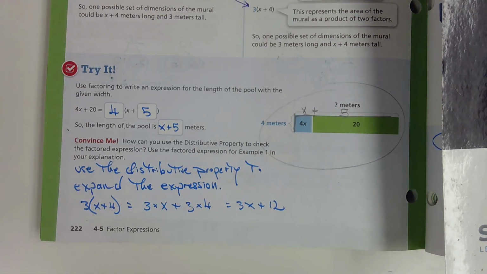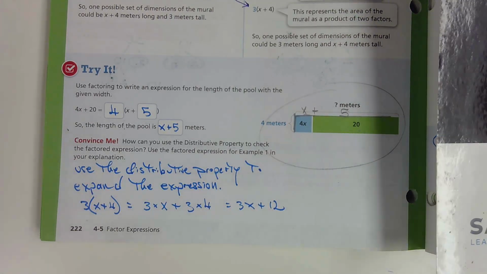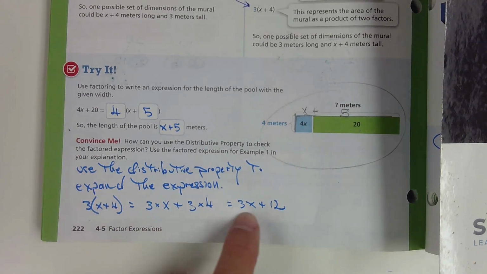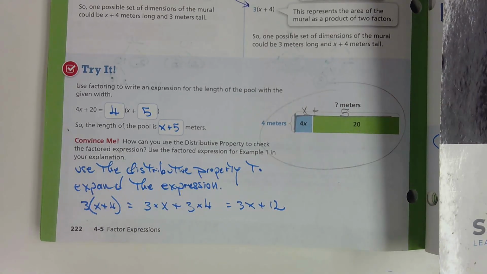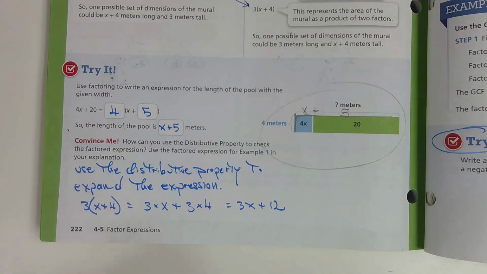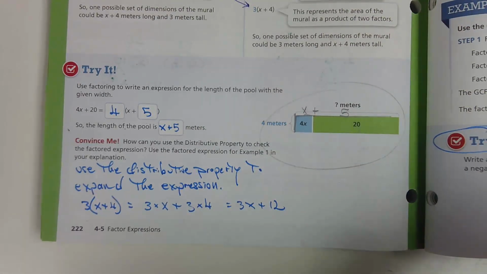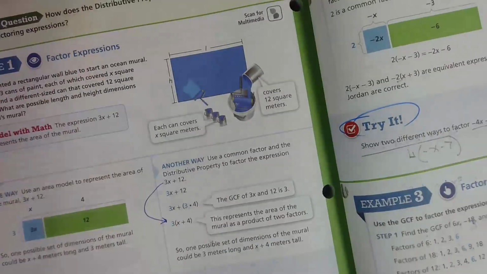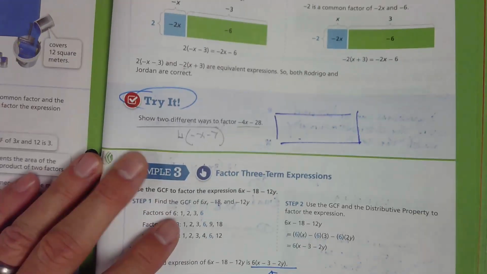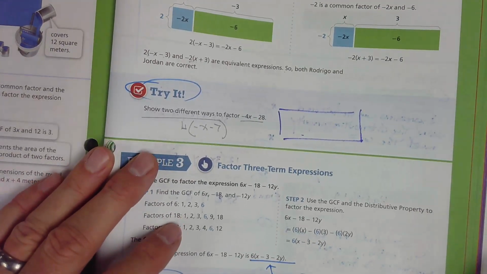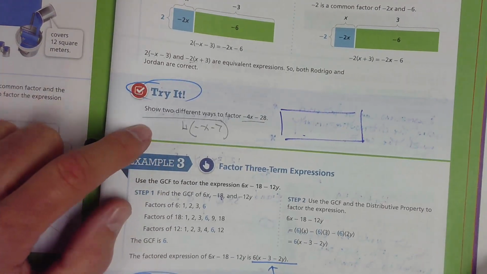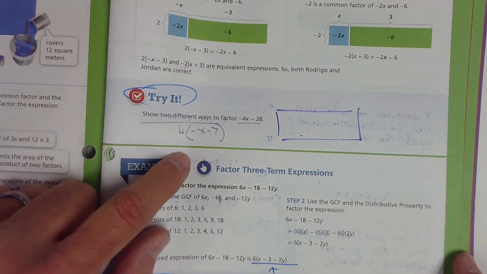Down at the bottom of the page, you guys can copy that down. It says use the distributive property to expand the expression. And then I just gave you an example here. And you can look at the try it. Again, there's a couple different ways to do that one.